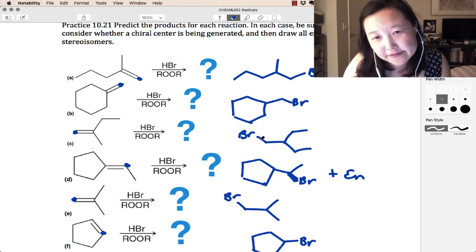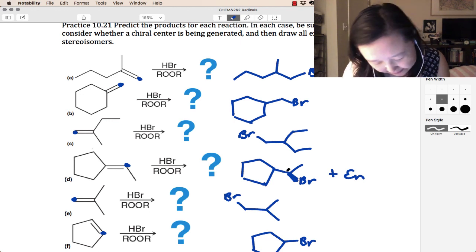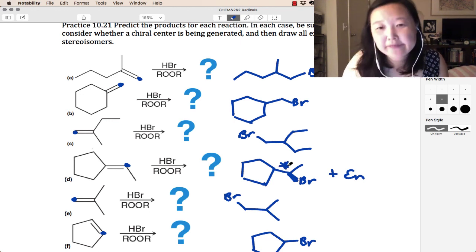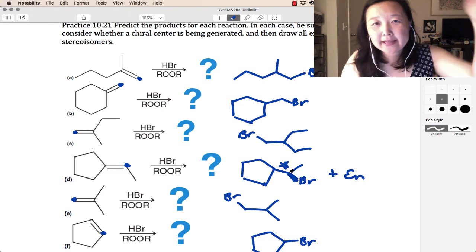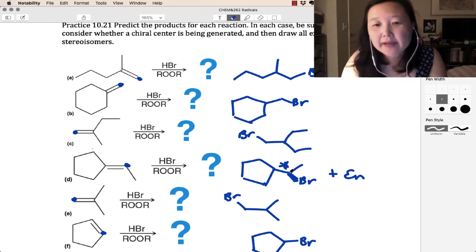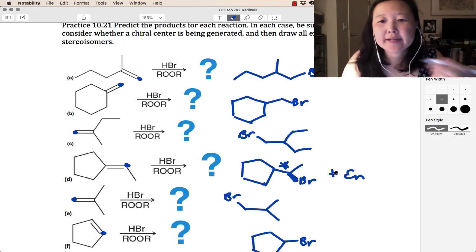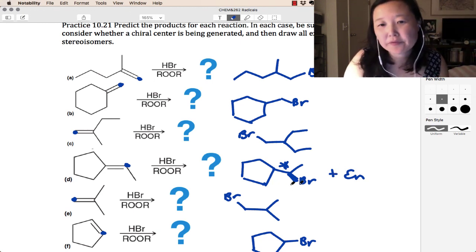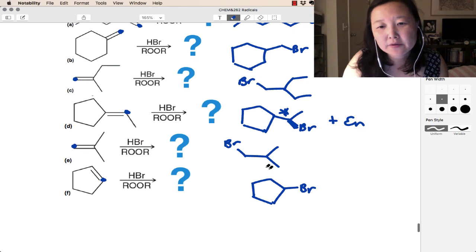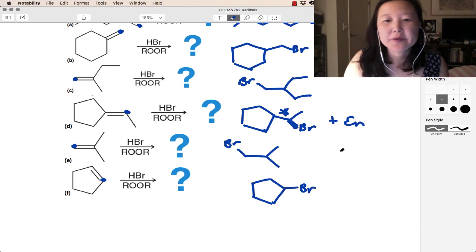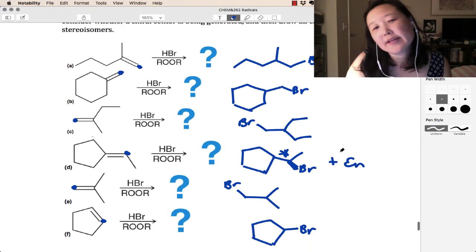This is not chiral, not chiral. Here, this is chiral. So remember, if you have a radical here, the new group can add on the bottom or the top. So you're going to get Br on top or Br on the bottom. So you're going to get both enantiomers there. No chirality here or here. So it's really just one that you need to worry about here.